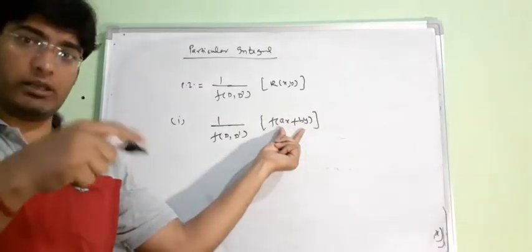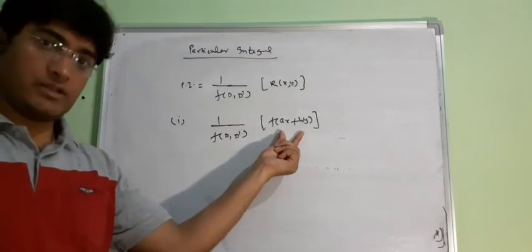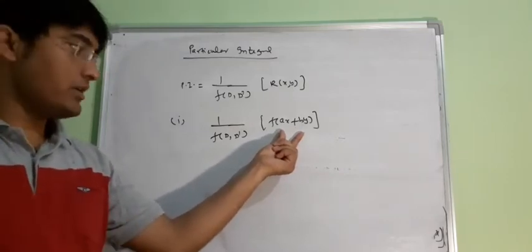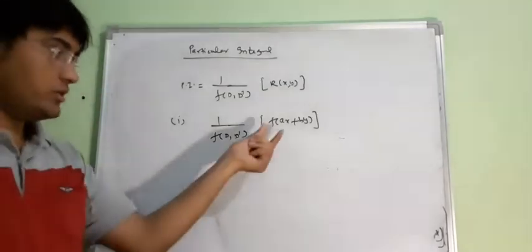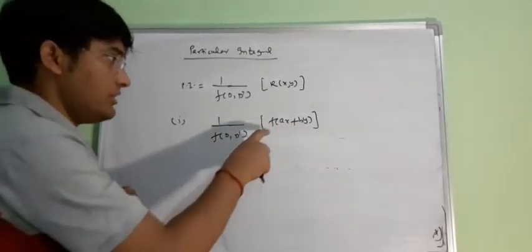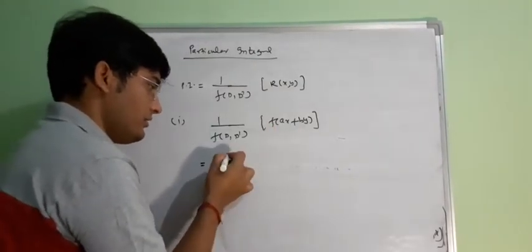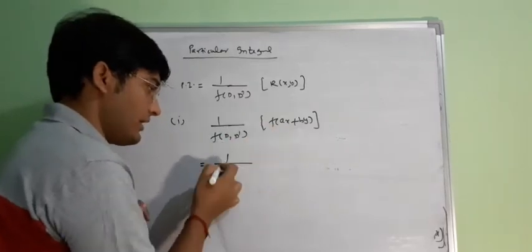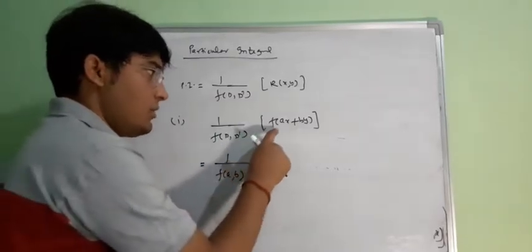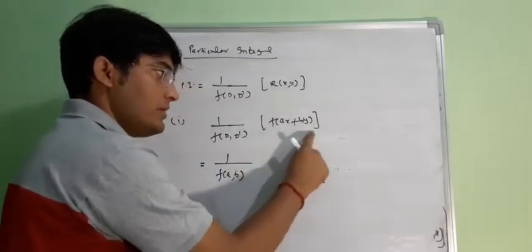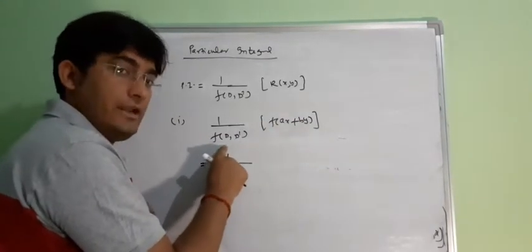Now suppose that here we have some function of ax plus by. For example, e to power ax plus by, sin(x plus y), cos(x plus y), log(x plus y), tan inverse(x plus y), or simply x plus y, or (x plus y) whole square, root of (x plus y). If we have these types of functions, then the particular integral will be: here we will replace D by a, D dash by b, and we will integrate this bracket up to the degree of this f(D, D dash).